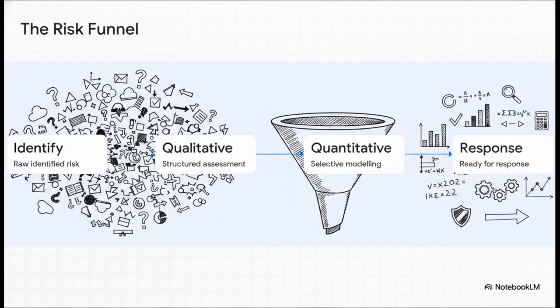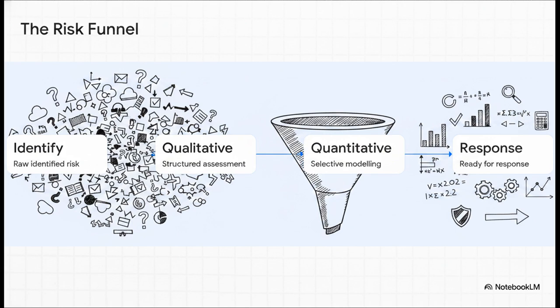You can literally visualize this entire domain as a giant funnel. In project risk management, we start incredibly broad, and then we purposefully narrow our focus as we dig deeper into the analysis. Right at step 1, we throw in every single raw identified risk. Then, at step 2, we sort and prioritize them qualitatively. Moving to step 3, we get picky.